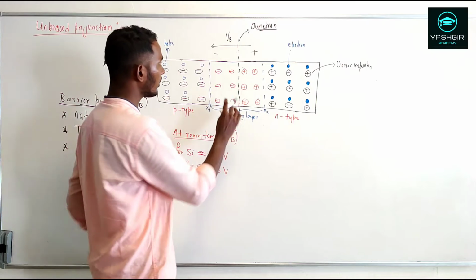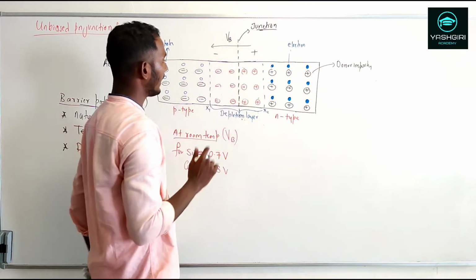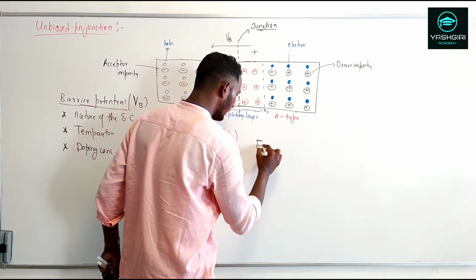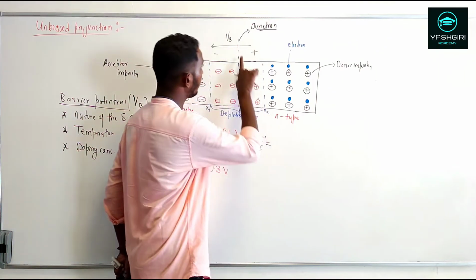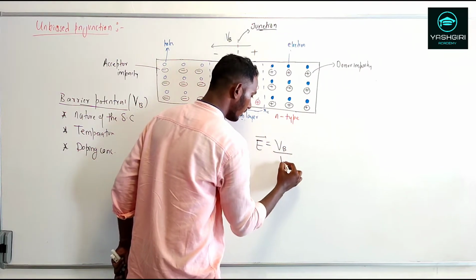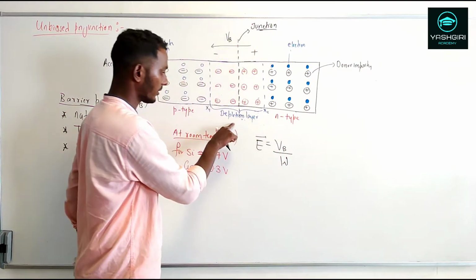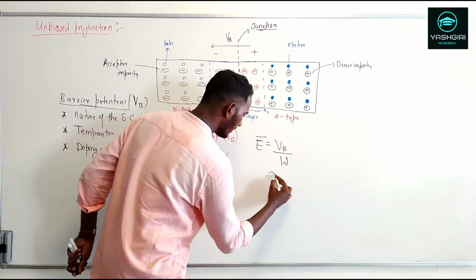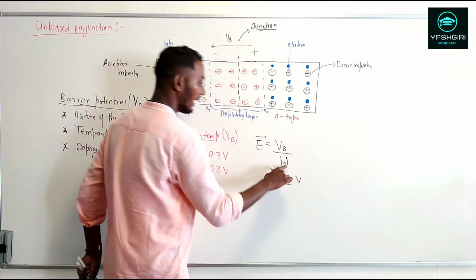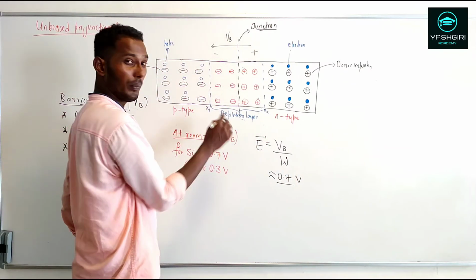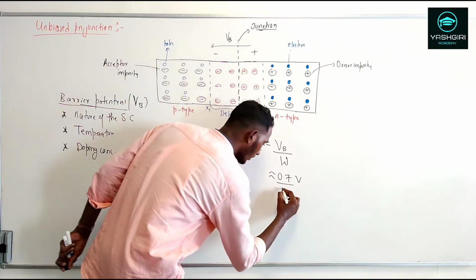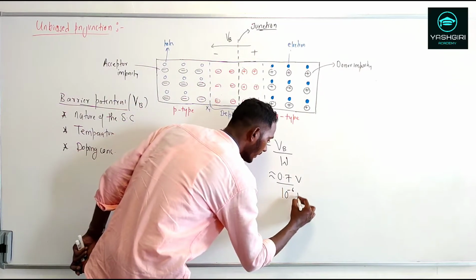So if I want to know how big the electric field is, we know that electric field E is equal to the potential barrier, that is VB, divided by the depletion width. So VB is approximately, I'll go with 0.7 volts for silicon, and the depletion width is always close to a micrometer, so you can go with 10 raised to minus 6 meters.